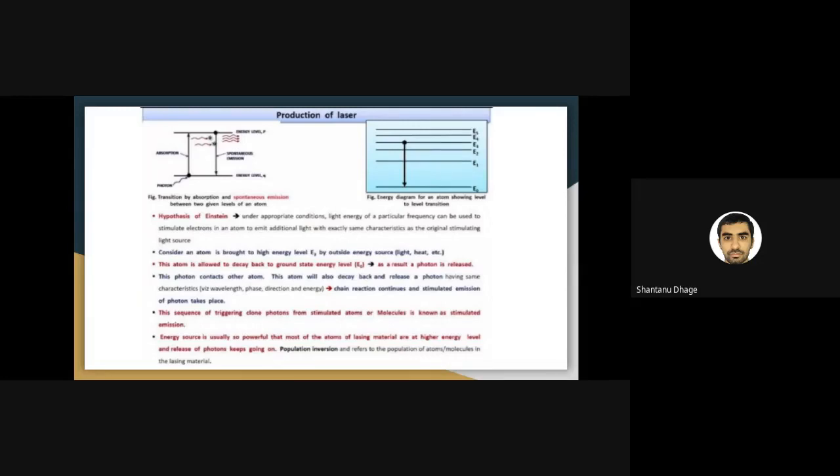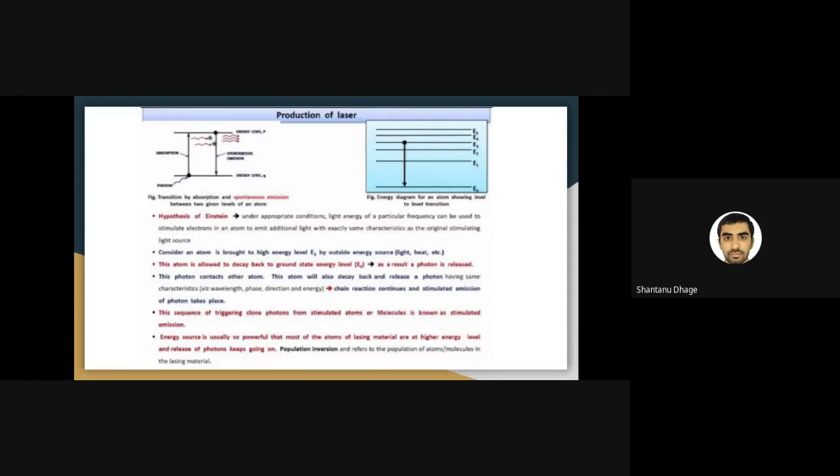Einstein proposed that it is possible to use light energy to stimulate electrons that would emit light of the same characteristic. The hypothesis of Einstein says that under appropriate conditions, light energy of a particular frequency can be used to stimulate electrons in an atom to emit additional light with exactly the same characteristics as the original stimulating light source has.